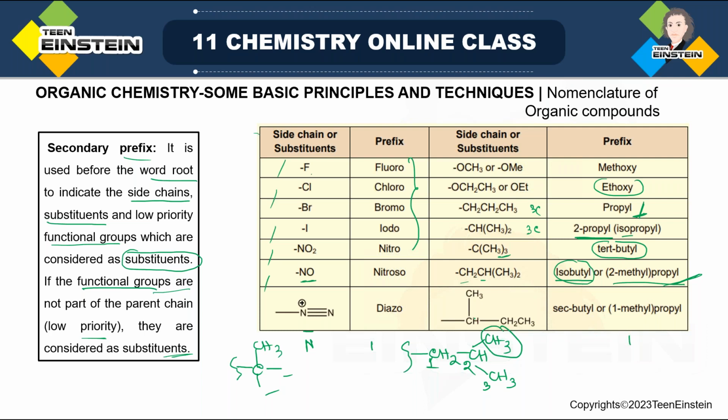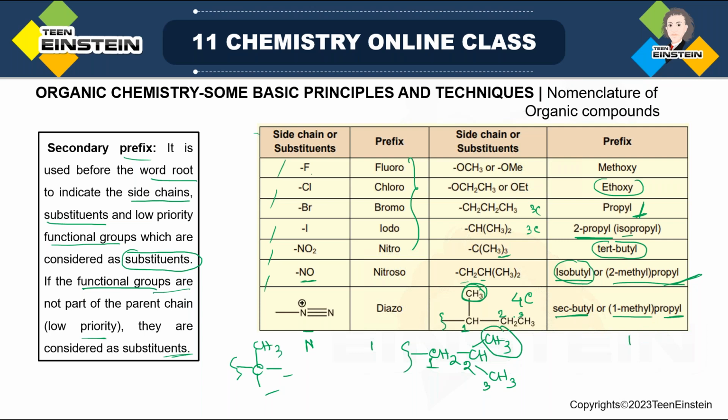Then the next one, the total number of carbon here is also 4. But see, now the CH3 is attached to the first carbon. If this is the connection point, this is 1, this is 2, this is 3, as if this one is attached. So that is why now it is secondary butyl, or you can say 1-methyl propyl. 1-methyl in brackets because it is a substituent.